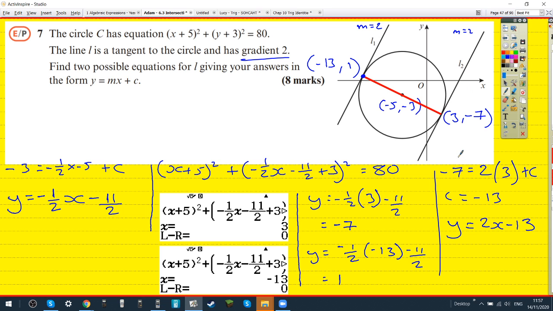Okay. And the other one would be 1 equals 2 brackets minus 13 plus c.